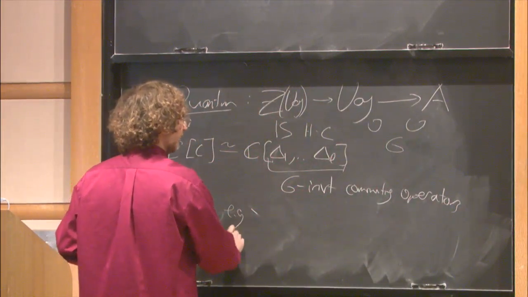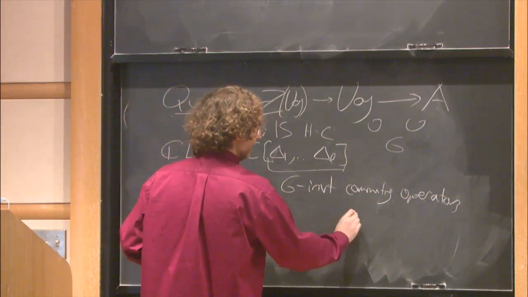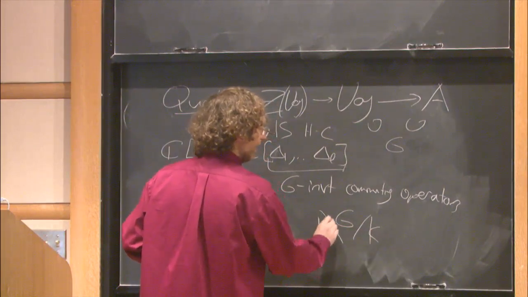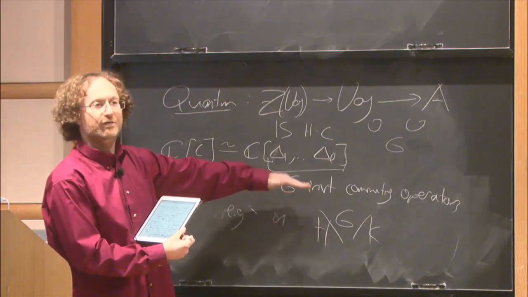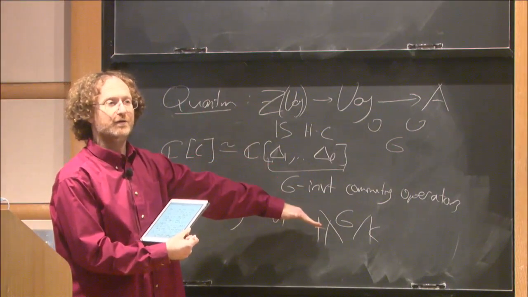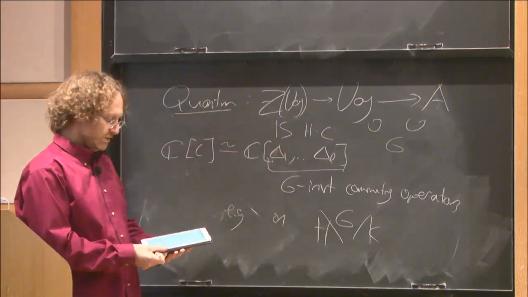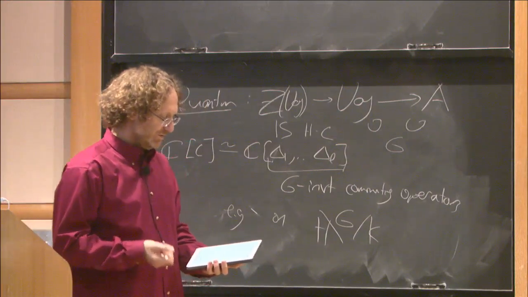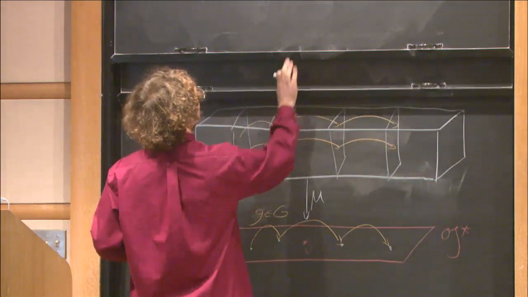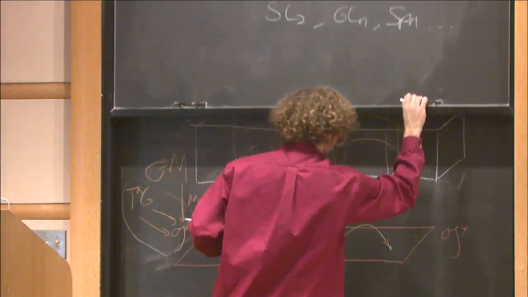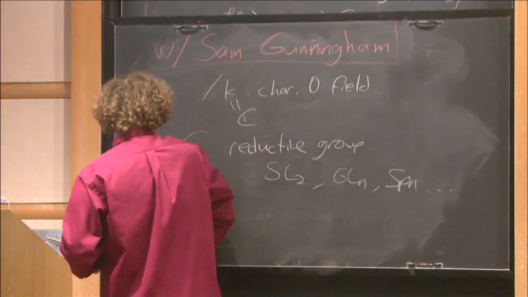For example, on a space like G mod K mod H, for any two subgroups, you get collections of invariant commuting differential operators from this construction. And so this is one of the main sources of quantum integrable systems. These are the Harish-Chandra higher analogs of the Laplace operator.